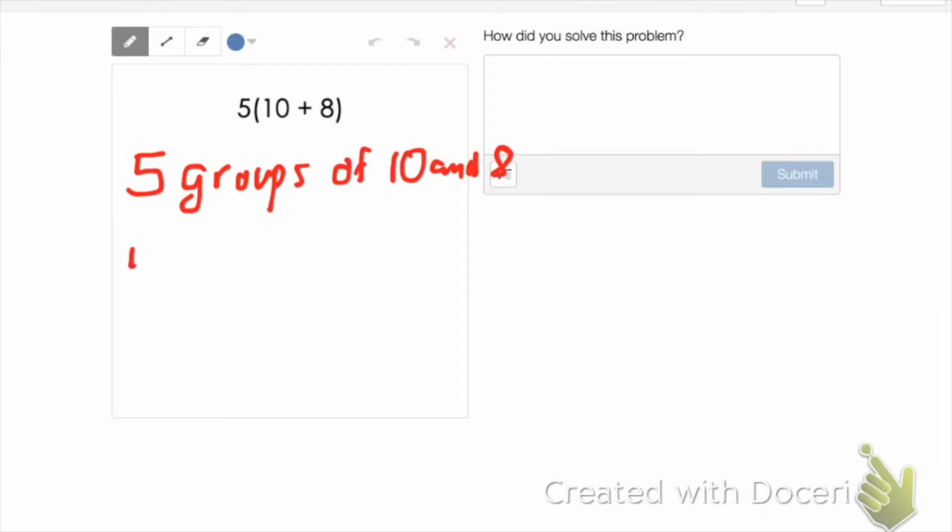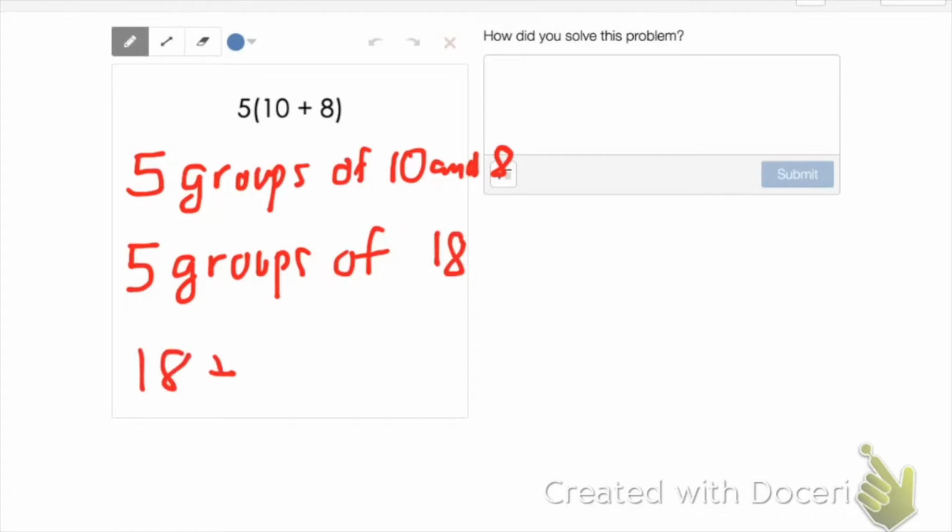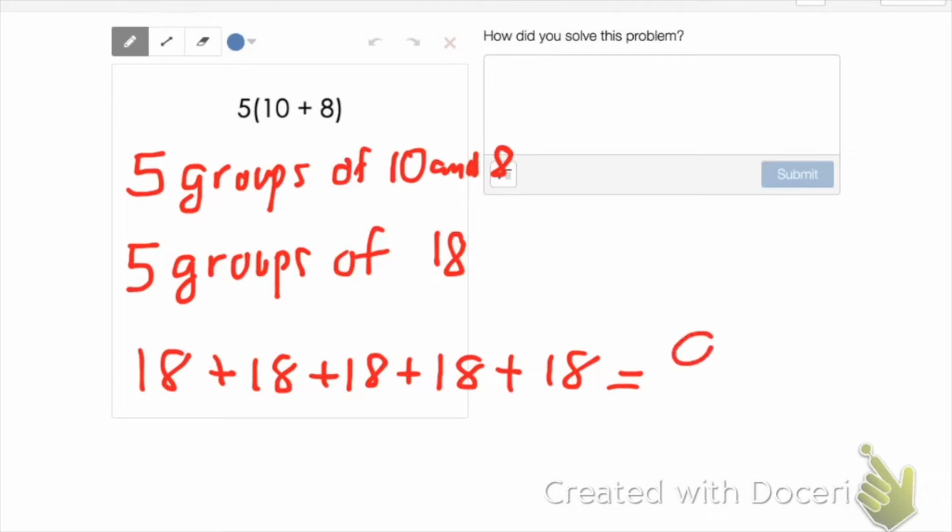So the simplified way to say it is 5 groups of 18. So we can take 18 plus 18 plus 18 plus 18 plus 18, and that's still equal to 90.